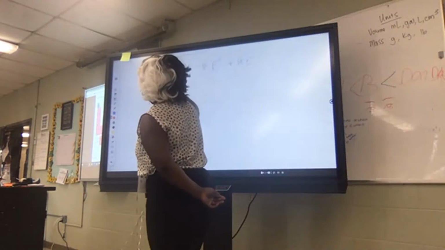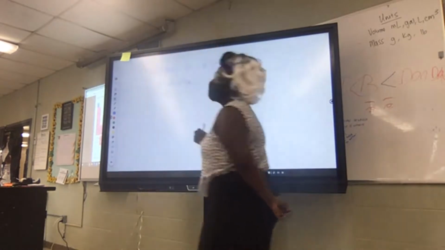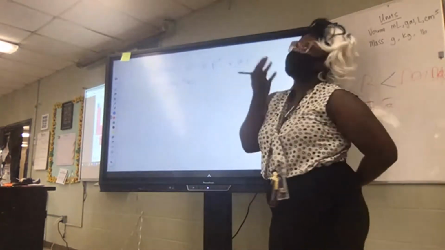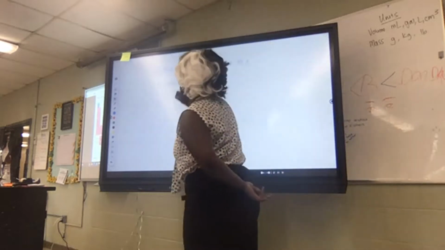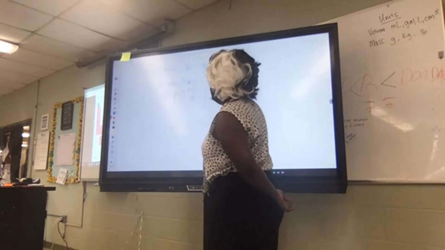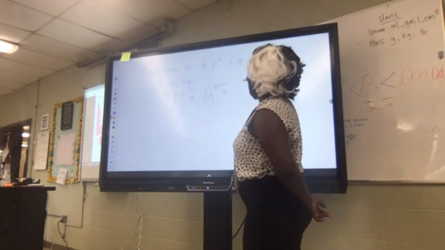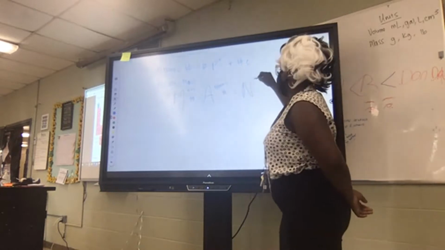The atomic mass is going to help us find the number of neutrons, because we have protons, we have electrons, but we need to figure out the number of neutrons. So the way we're going to do that is by using mass number minus the atomic number equals the number of neutrons.